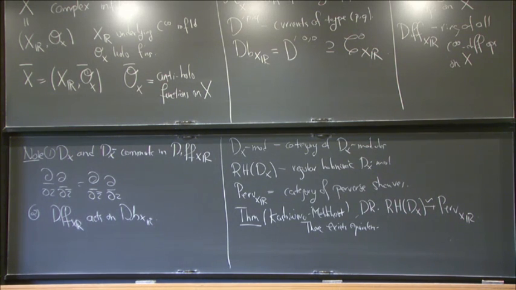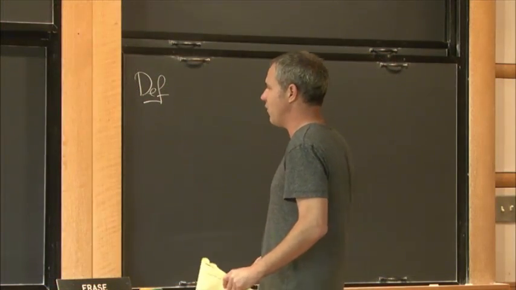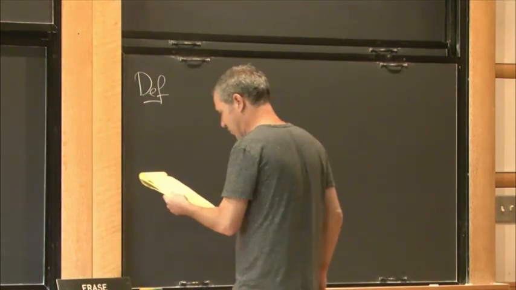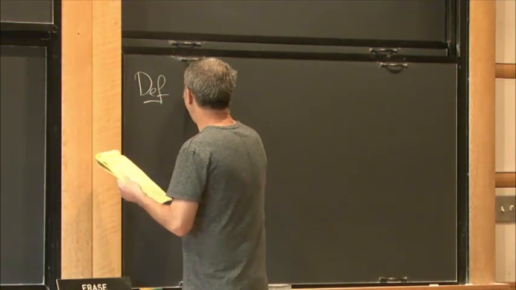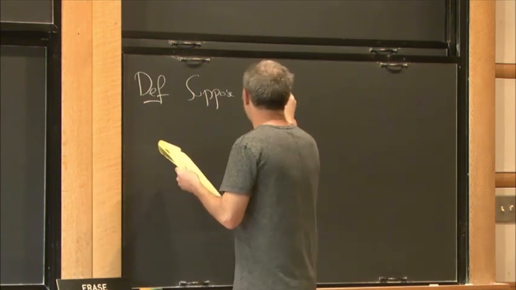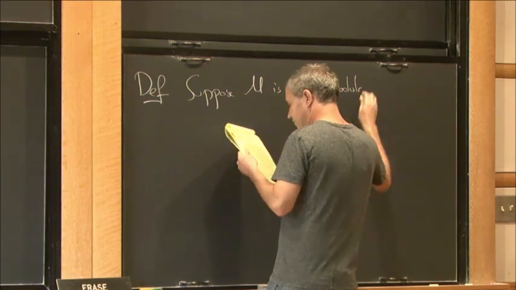So now, the definition. I think maybe Kashiwara conjugation started because he wanted a really concrete way to understand how Verdier duality works over on this side. Let's say that's what he wanted. Suppose M is a D_X-module.